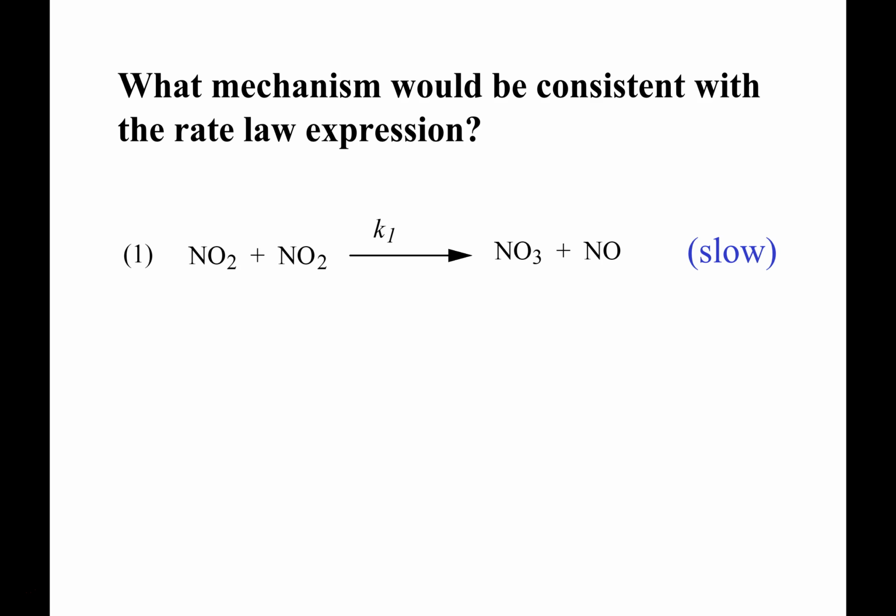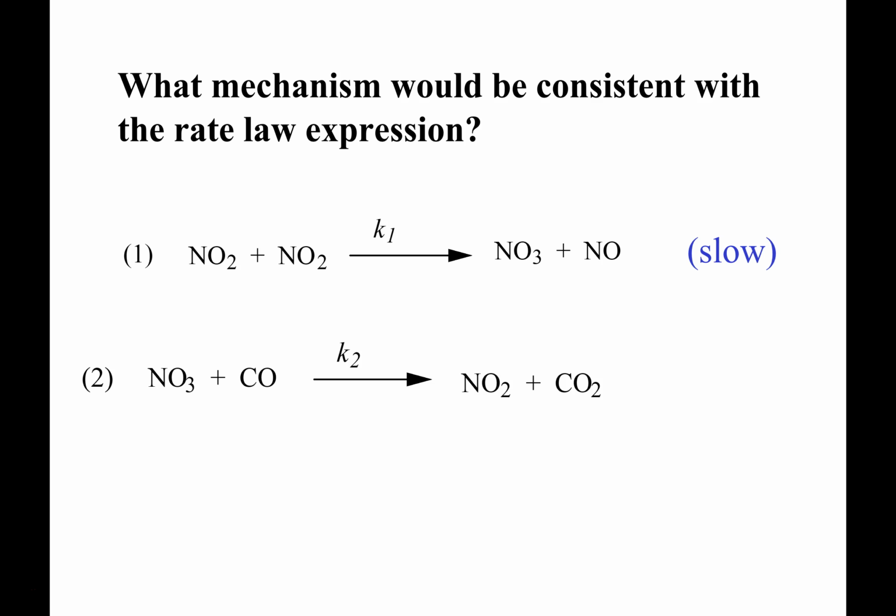That's rate determining. And you already kind of see where this is going. We can use molecularity, where you're back to your NO2 being second order for this elementary step. Then after that, your NO3 reacts with your CO to form NO2 plus CO2.